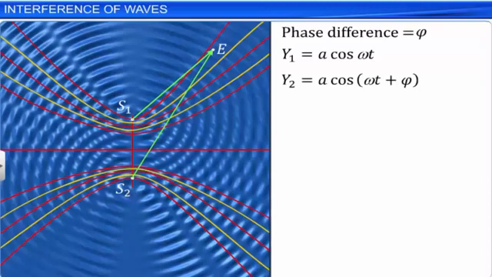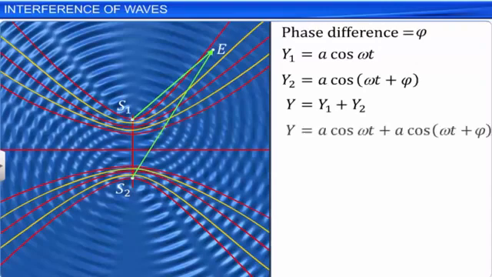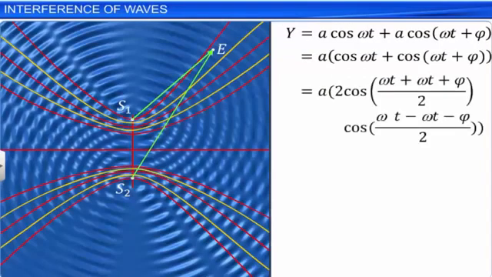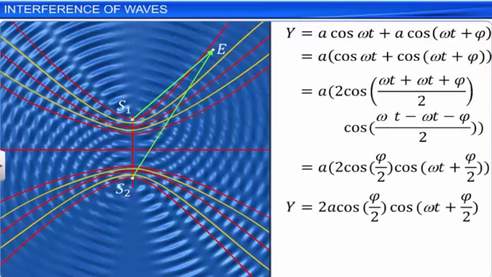The resultant displacement at E will be y is equal to y1 plus y2. Substitute the values of y1 and y2 in the above equation. On further simplification, we get y is equal to 2a cos (phi by 2) into cos (omega t plus phi by 2).